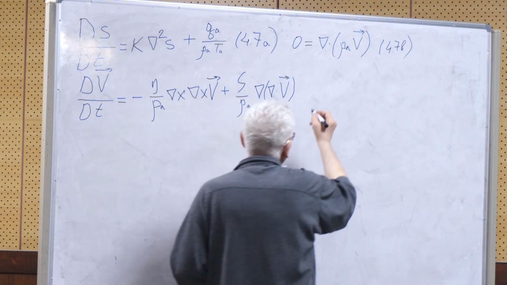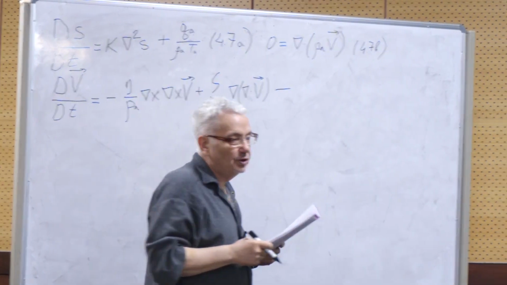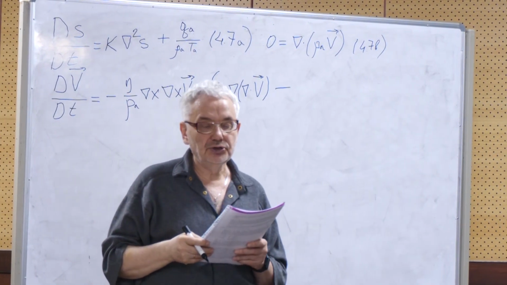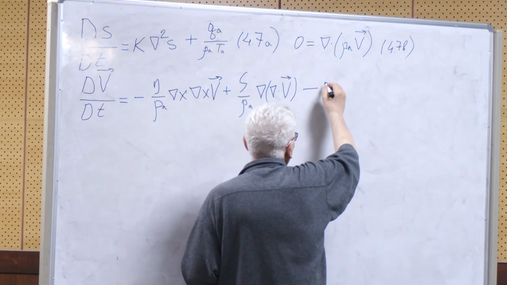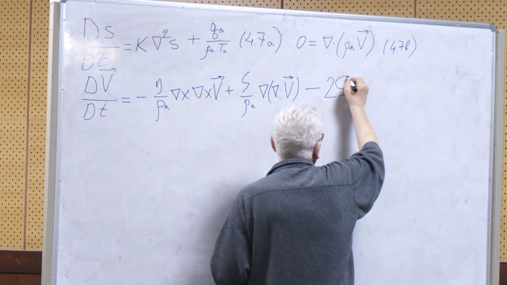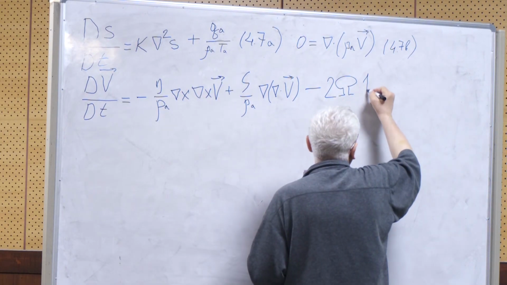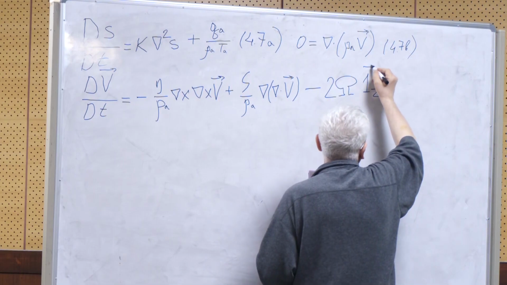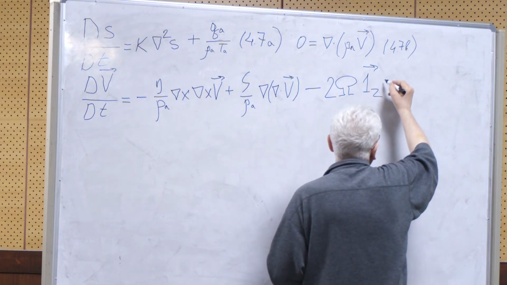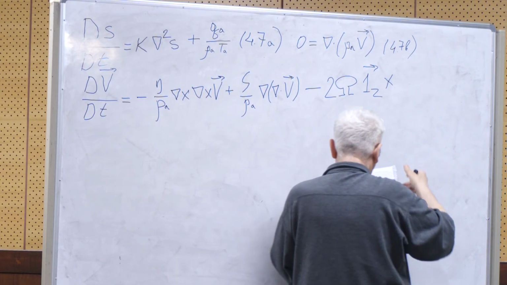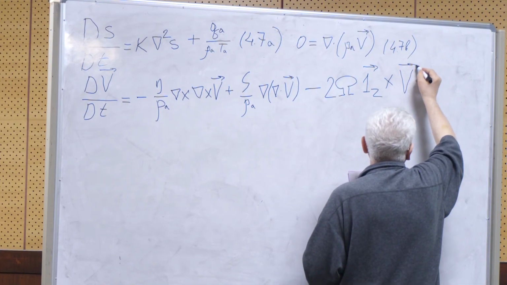And then perhaps the most important term in this equation: if we are working in a rotating system, we have the Coriolis term, which in dimensional units can be written like that. Here we have the unit vector in the direction of the axis of rotation, with a cross product with the velocity.